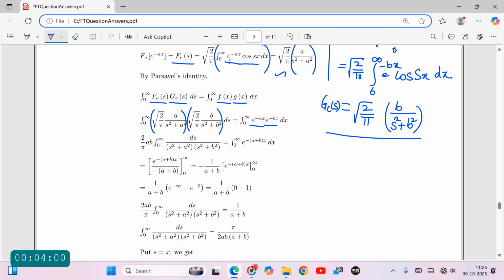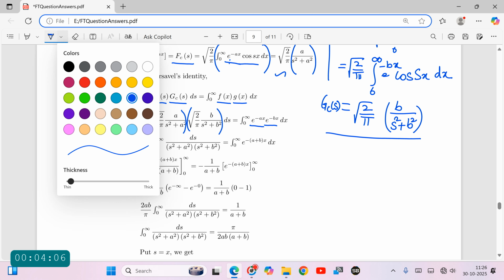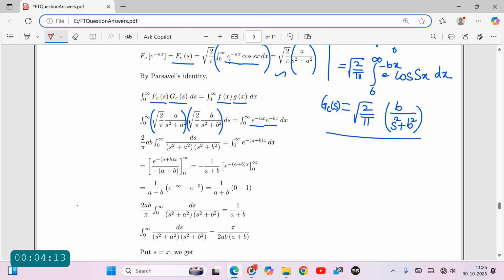For simplifying, first take the constant terms outside of the integration. What are the constant terms present here? The constant terms are root 2 by pi and root 2 by pi. What is the value of root 2 by pi into root 2 by pi? That is equal to 2 by pi.